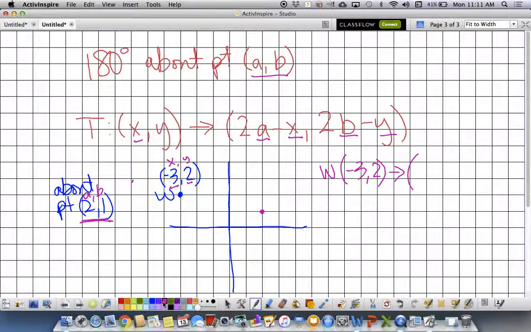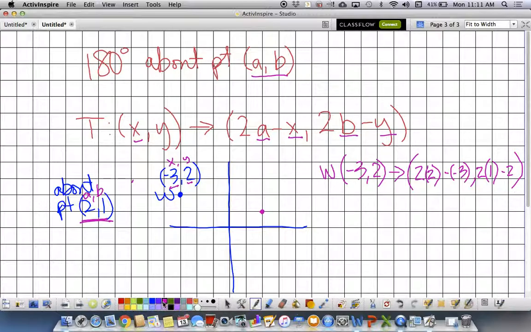You do 2A minus... well, no, I'm not putting letters, I'm only putting numbers. So then you do 2 minus -3, and then 2B, which is... is there a comma? Oh, yes, comma. 2 times 1 minus 2. And then you plug it in.